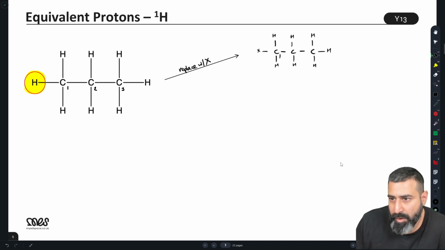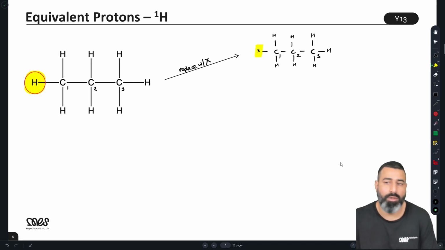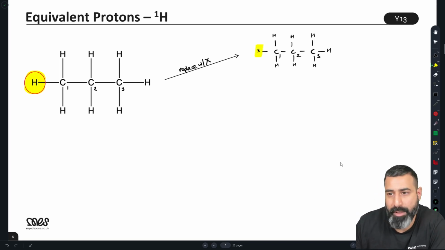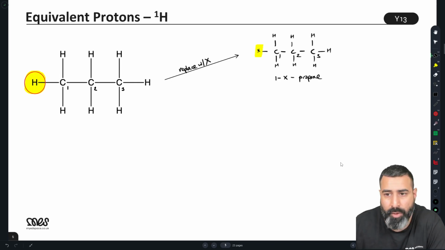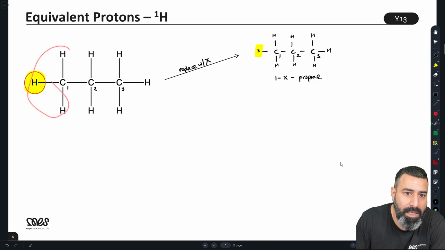So this is going to be 1, 2, 3. If it was a chloro, it'd be like 1-chloropropane or something. So the prefix would be 1X propane.